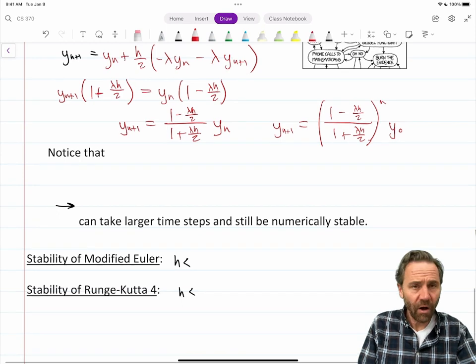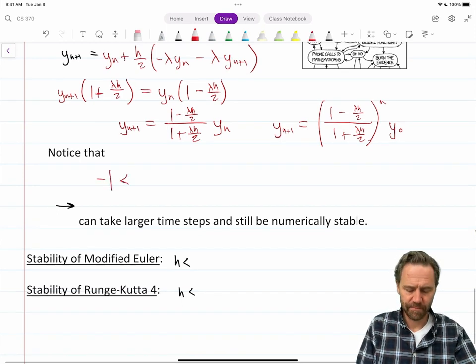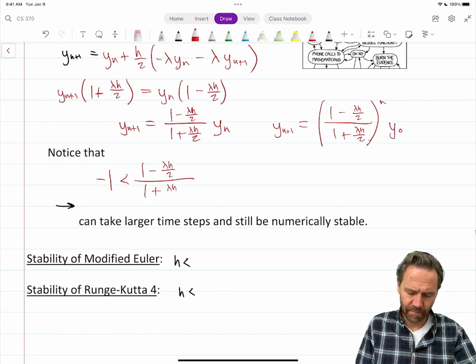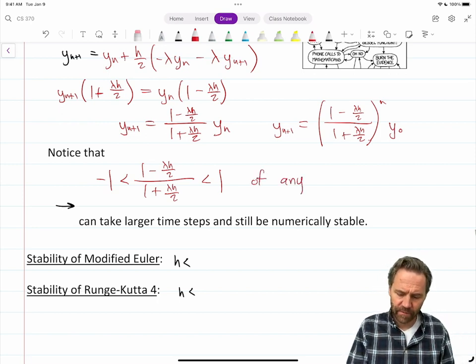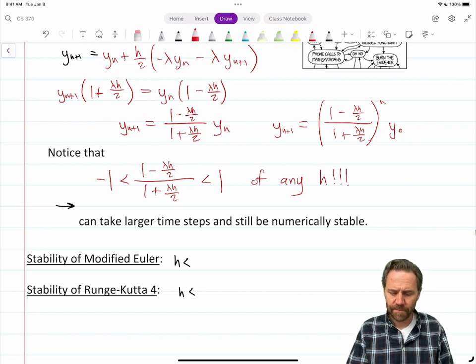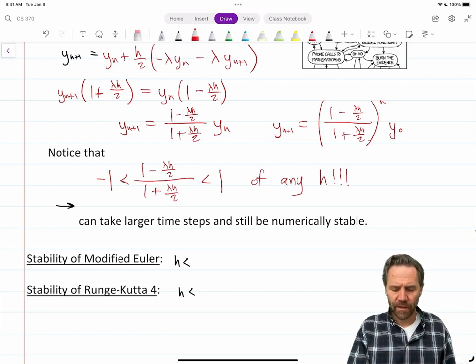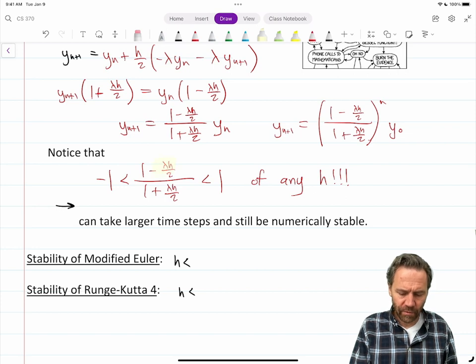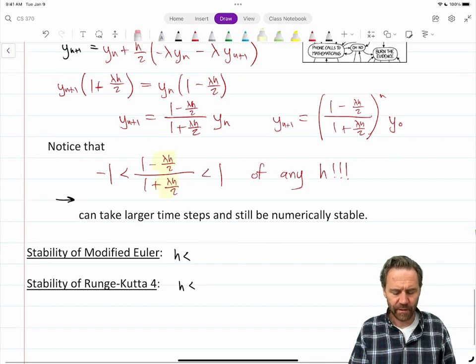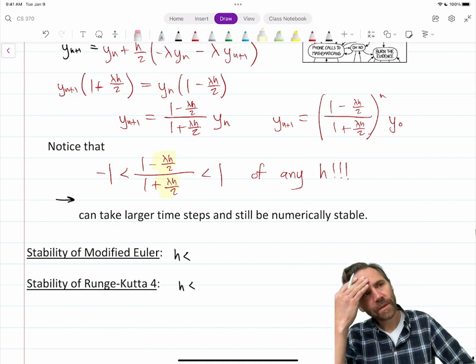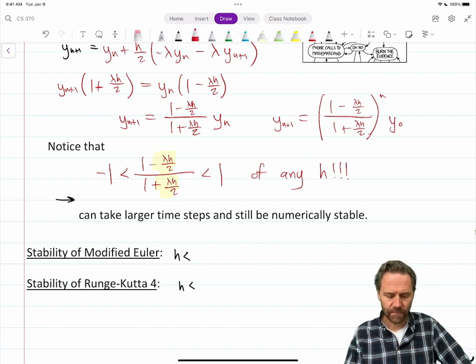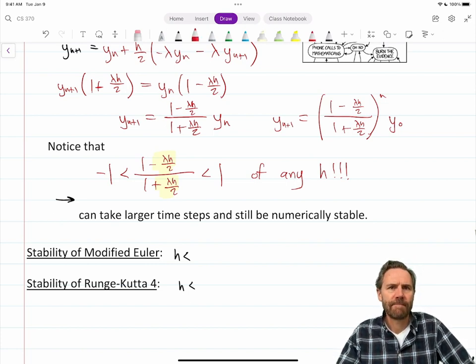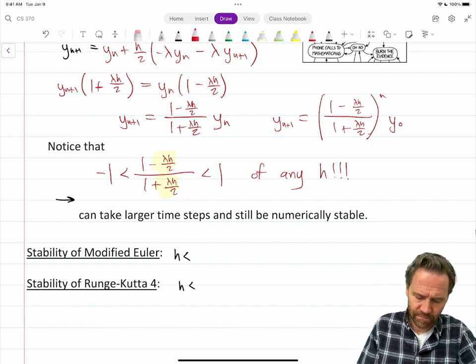Notice that it's always smaller than 1 in size, for any h. Because lambda h is positive, this numerator will always be smaller in size than the denominator. Even if it's negative, it'll still be smaller in size. So this means it's unconditionally stable.